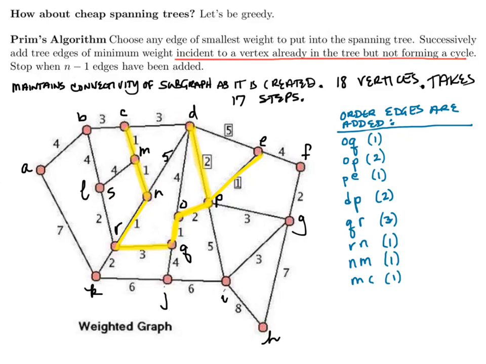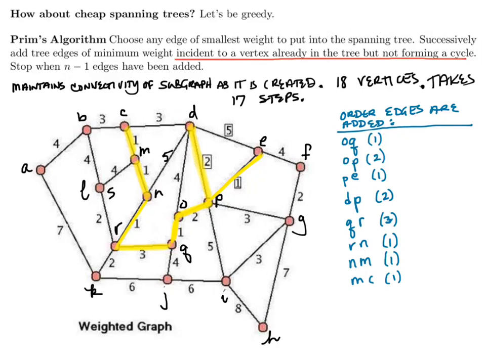Now it becomes a little bit more interesting. I think we've used all the edges of weight 1. Are there any edges of weight 2 that we might be able to add? Here's an edge of weight 2 that's connected, and here's another edge of weight 2 that's connected. I can add either one, and in fact I will add both of them.